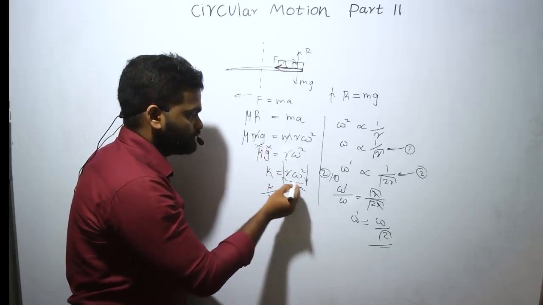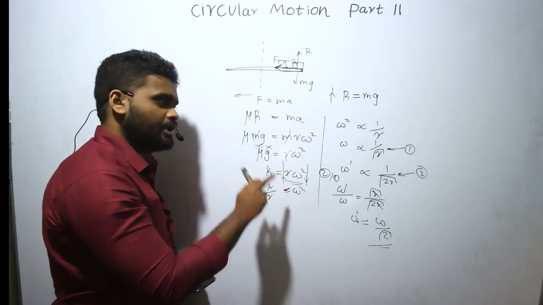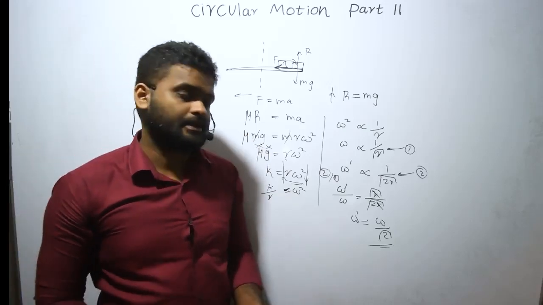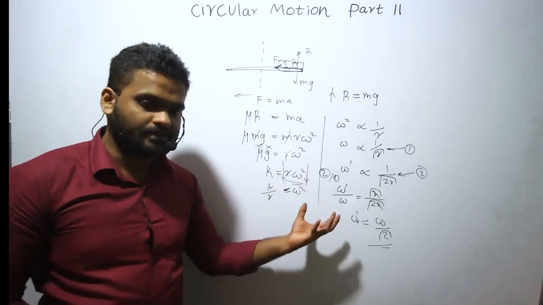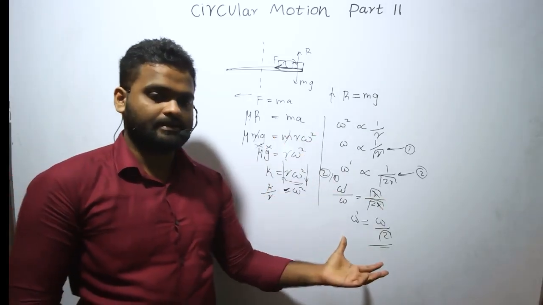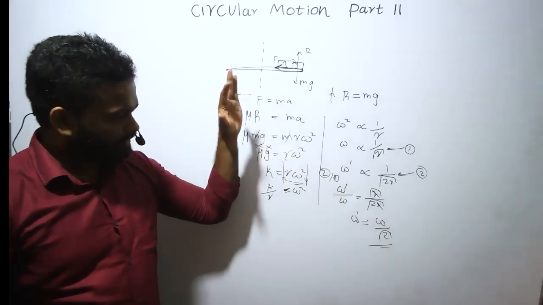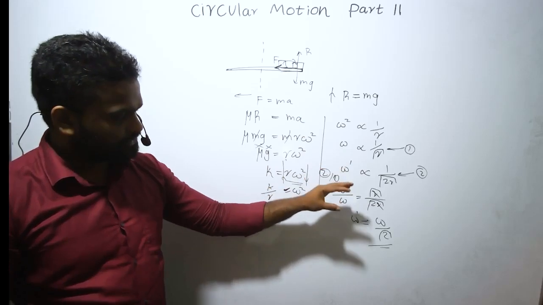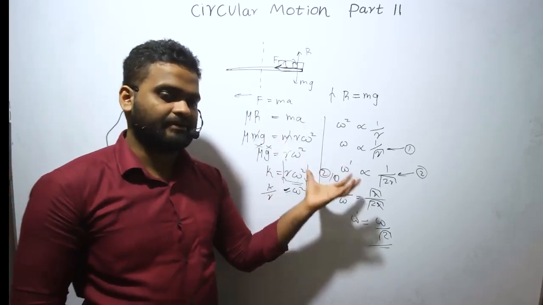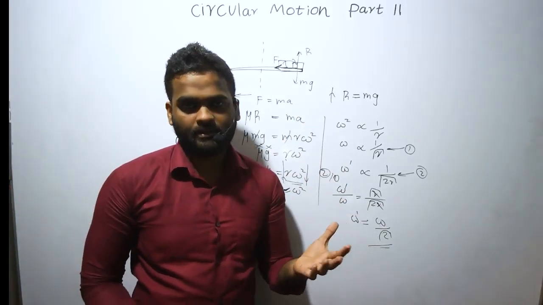So you have to pay attention to those as well. You don't have to remember each and everything. When you get a question, you need to be able to quickly derive the necessary equations. If you remember, it's better, but at least you need to be able to derive them quickly.